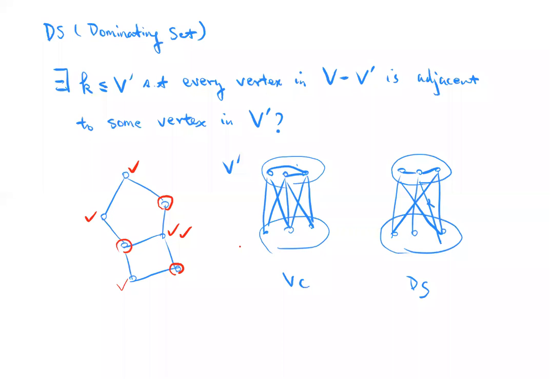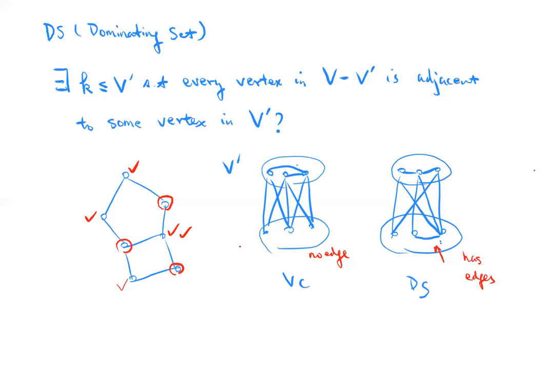Now the difference between vertex cover and dominating set is that in dominating set we can have edges on this side. But for vertex cover, we don't have edges on this side. Dominating set can have edges inside; we're allowed to have edges. So that's the only difference.